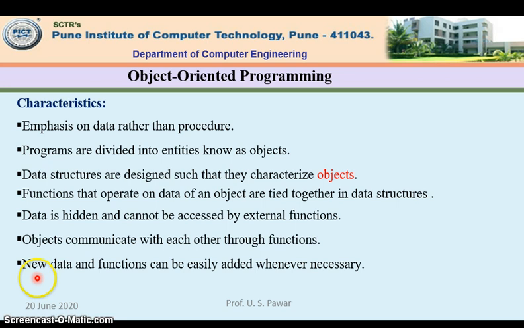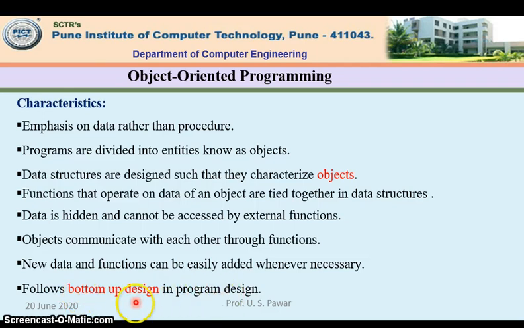The next important characteristic of OOP is that new data and functions can be added easily whenever necessary, right? In case of POP it was not easy for us, whereas OOP allows us to add or delete any function or data whenever necessary. And the last one is that it follows a bottom-up design approach, right?